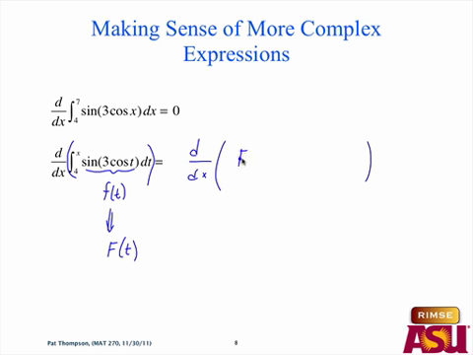Big F of x, right? It's the antiderivative. Big F of x minus big F of 4. Right. Okay? And what's that? Big F. The accumulation.